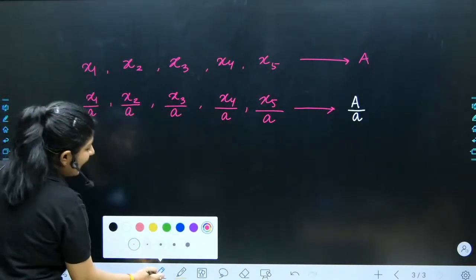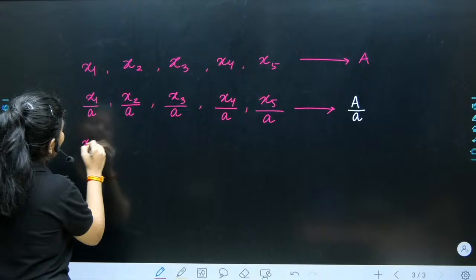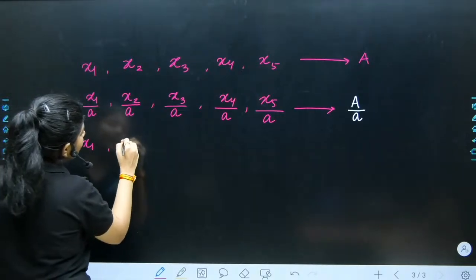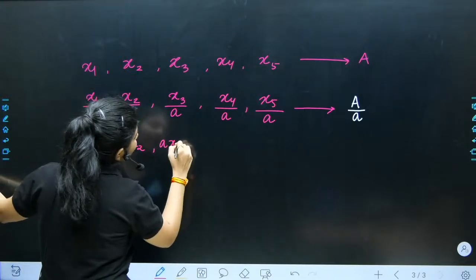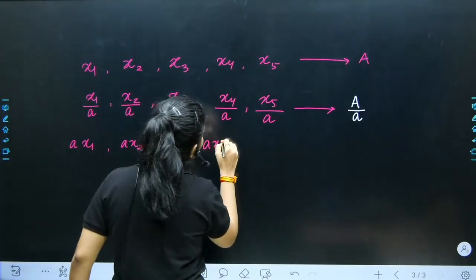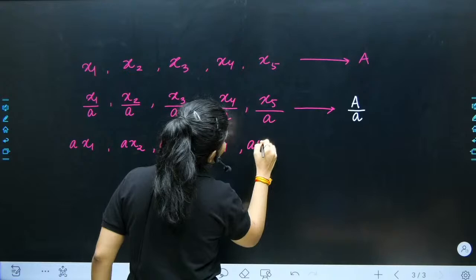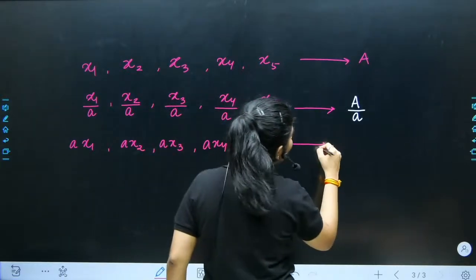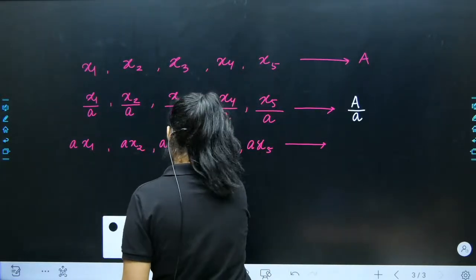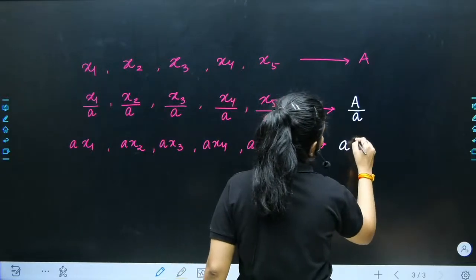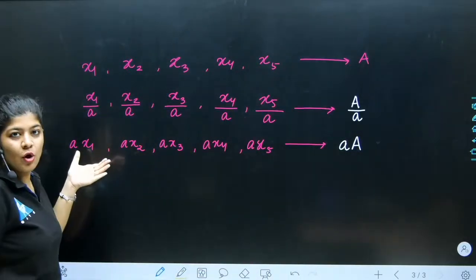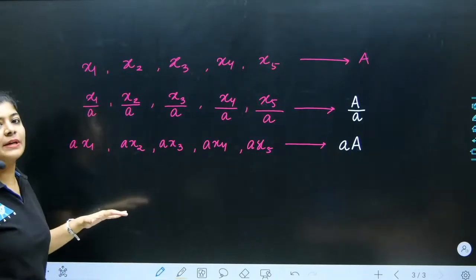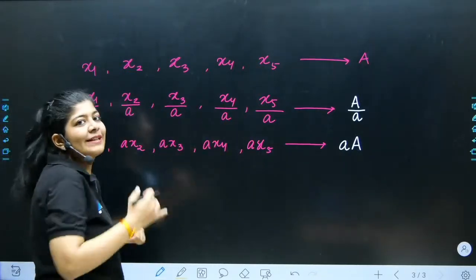Similarly, if I multiply my terms by a common number, that means a x1, a x2, a x3, a x4 and a x5, then my average becomes a times A. If I simply subtract or add a common number, that change will reflect in the average as well.